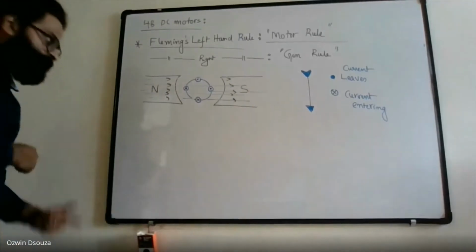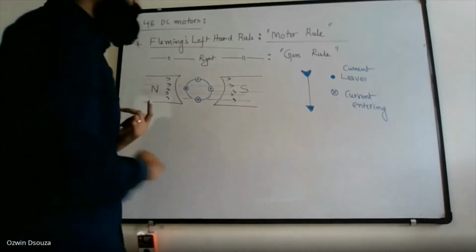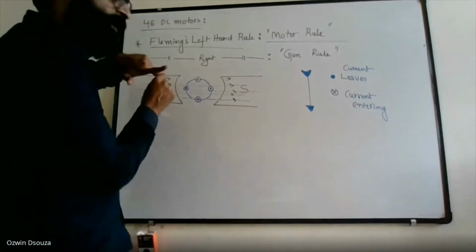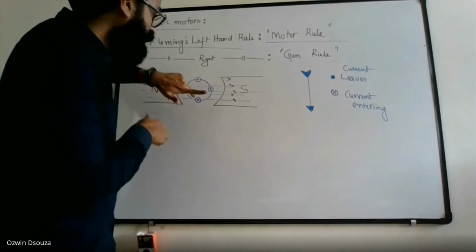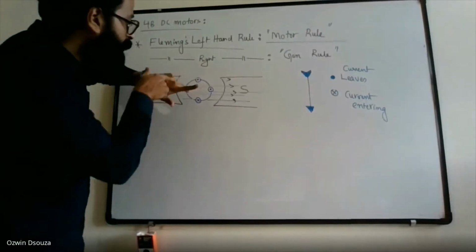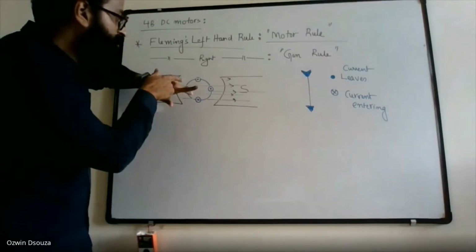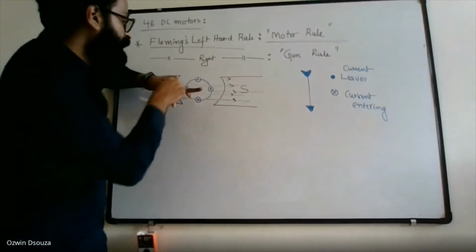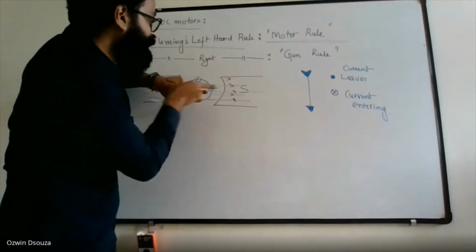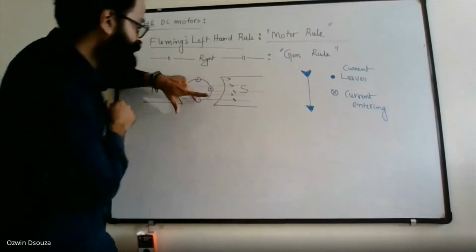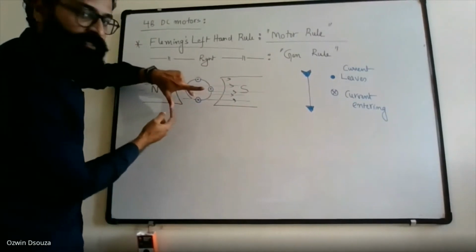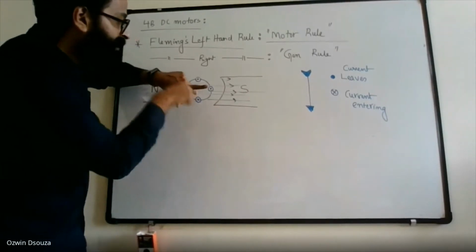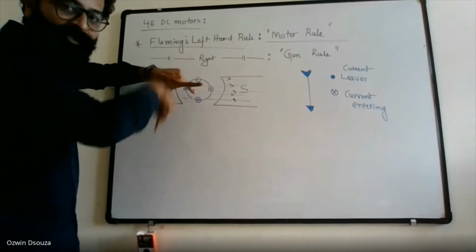All right, so let's do it. X is current entering, so let me point the finger in this direction. My central finger is pointing towards the entering current, my forefinger is directed along the flux lines, and my thumb, you can see, is pointing downwards. So at this particular conductor, the direction of force is downwards.